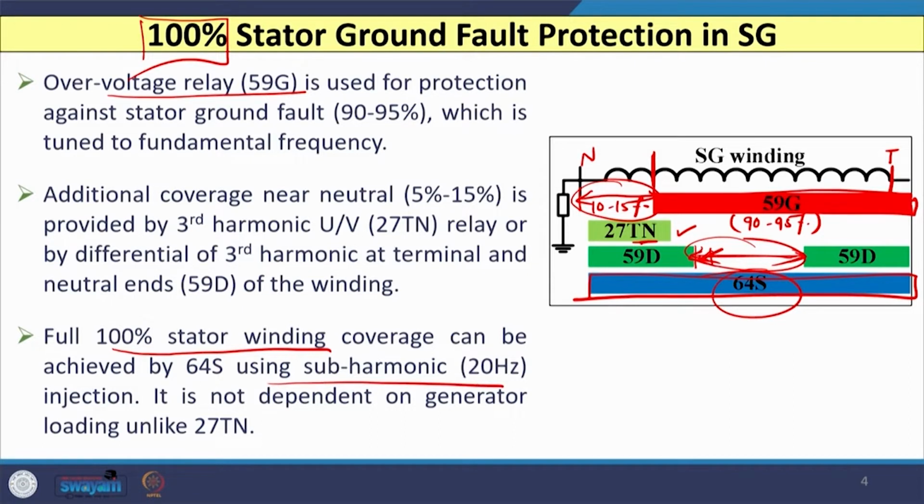So, 27TN's performance is affected by the generator loading, whereas 64S does not depend on generator loading, its performance remains unaffected, and at the same time it will provide 100% protection against ground faults at any location from the terminal to the neutral. So, all the percentage of the turns of the winding is covered.